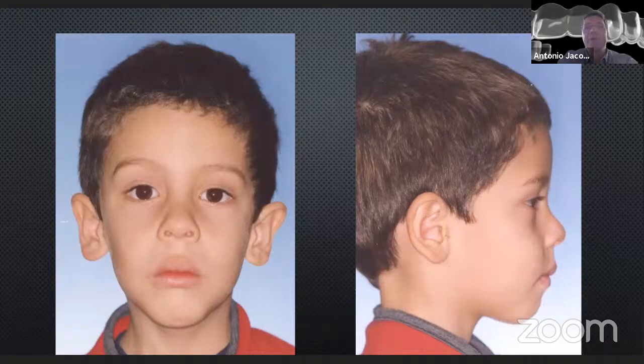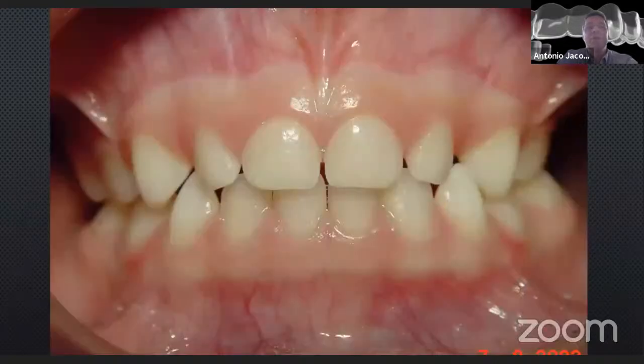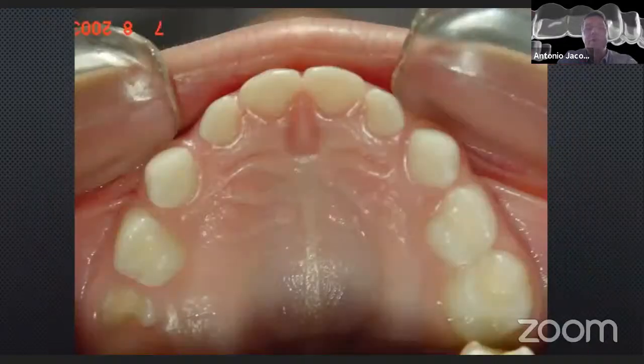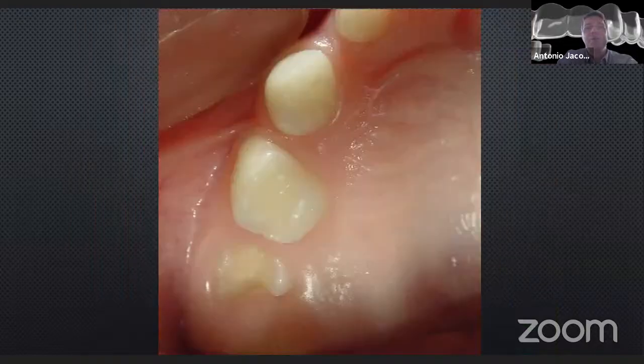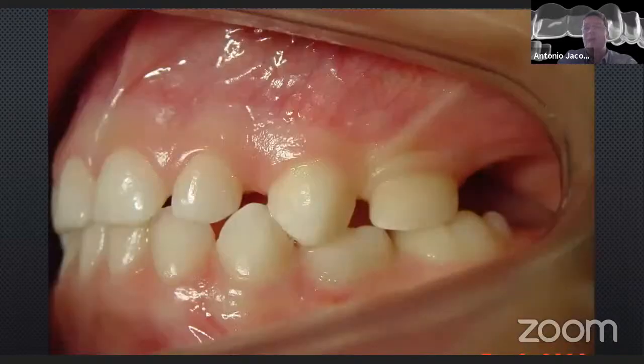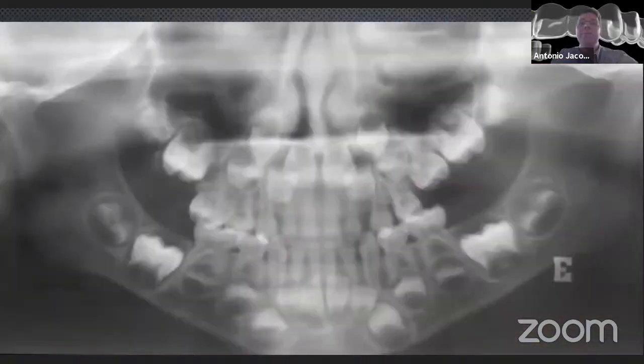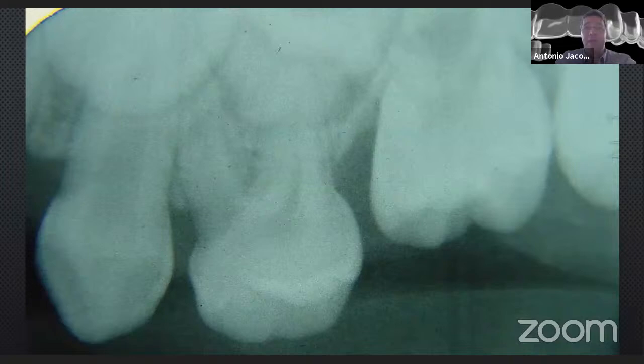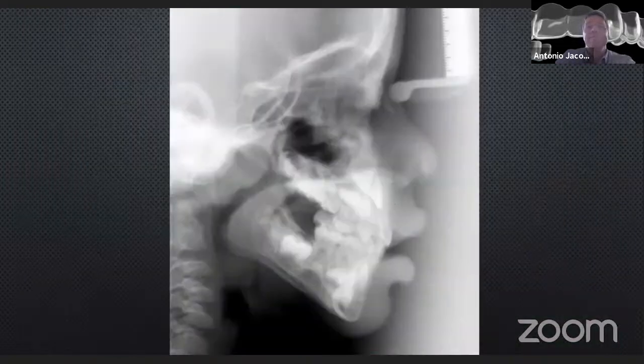This was a 4-year boy with an ankylosed second molar. We just tried to erupt these teeth by using the same type of mechanics. At that time, we didn't use skeletal anchorage, but we can see that the molar is impacted and ankylosed.